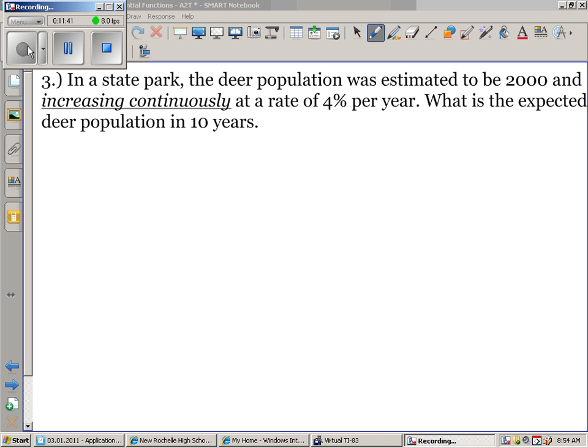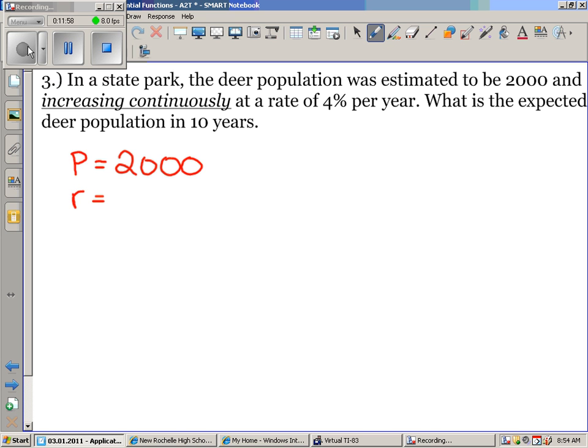Well, we're going to use our new formula because it's increasing continuously. Before we just plug into the formula, maybe we should write down what all the things are. What's P? Good. What is R? 0.04. And what's our time period? Oh, okay. Sometimes I do that. It makes problems easier.